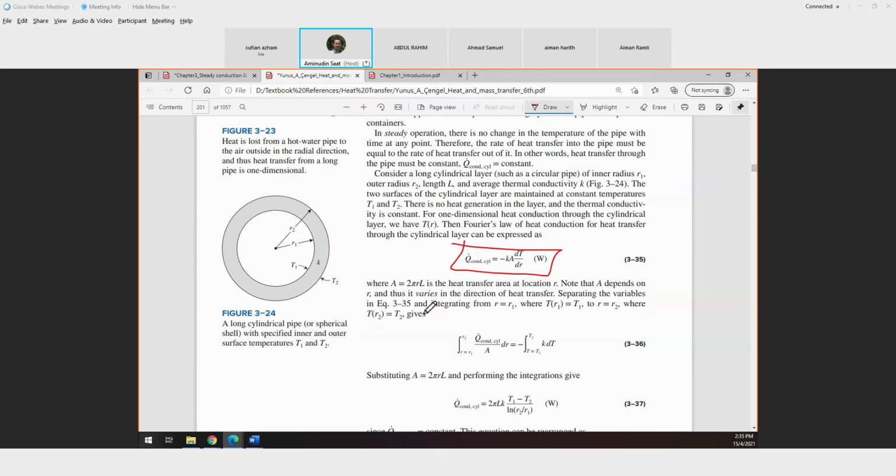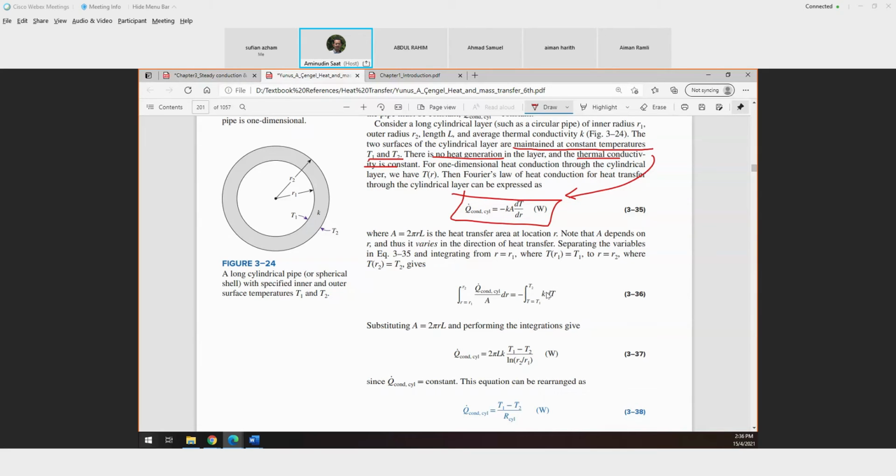But because of the boundary conditions, maintained at constant temperatures T1 and T2, no heat generation, and constant thermal conductivity, you simplify the equation to this short equation, and then you do the integration, same thing as the Cartesian.